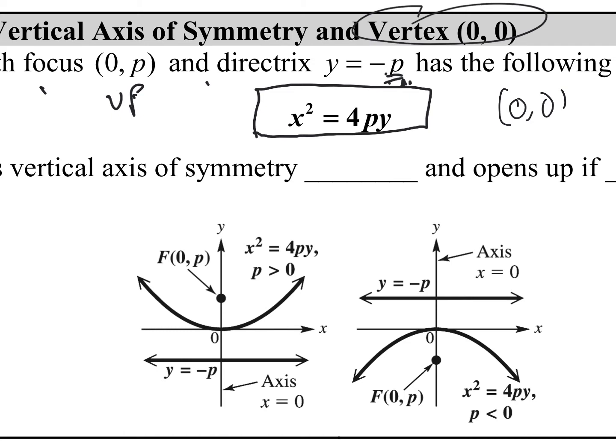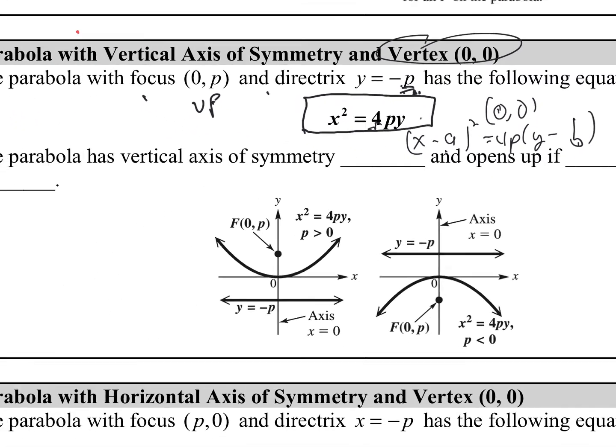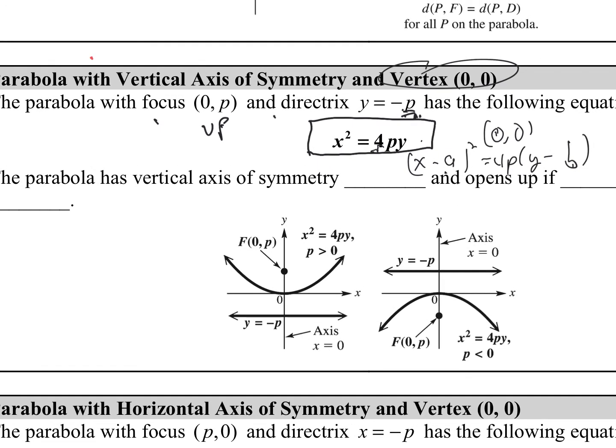I could have had (x minus some number) squared equals 4p times (y minus some number). That would be a fancier version of the same thing. But if you're at (0, 0), I don't have the h and the k, left and right, up and down. So the parabola has a vertical axis of symmetry. And I don't know if he wants me to say what it is. It'd be x equals 0.